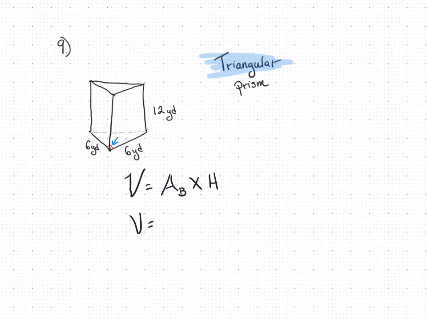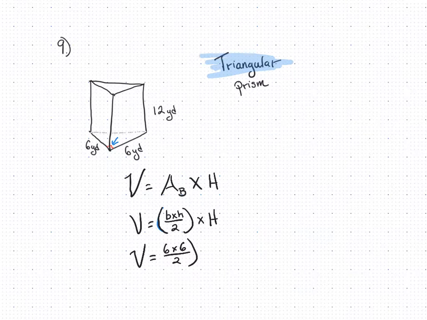Okay, so the area of the base is going to be the base times little h height divided by 2, and then I'm going to multiply that times the height of the prism. So the volume is going to be 6 times 6 divided by 2 times the height of my prism.